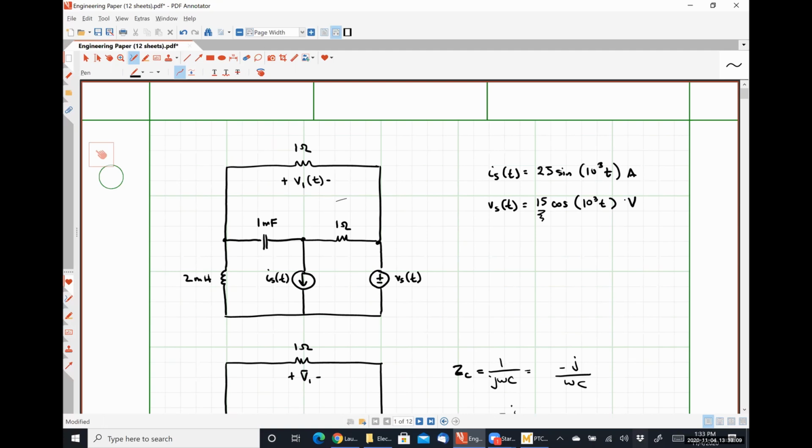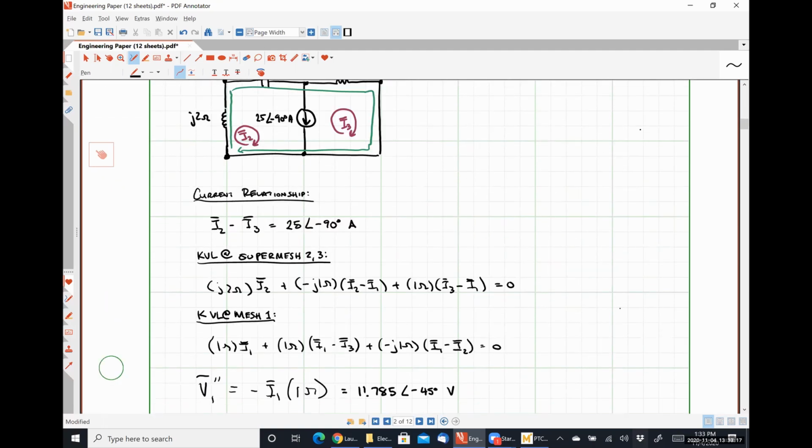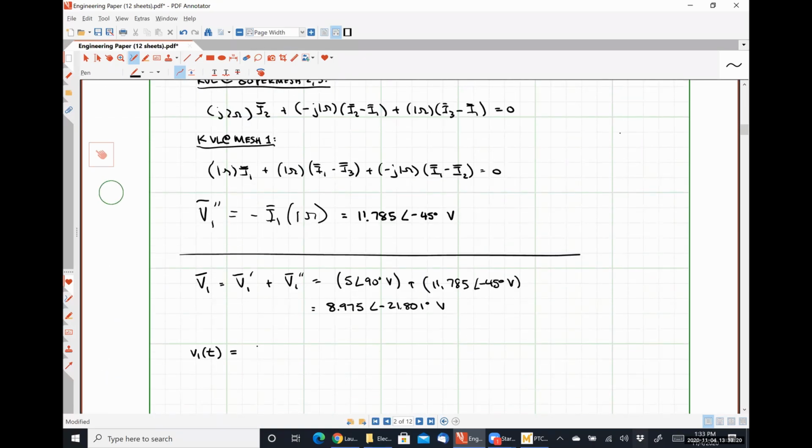To go back, we simply do the other thing. We take the magnitude of our complex number, put it into our time domain expression. So that would be 8.975 cosine omega, which was 10 to the 3 t, and now we put in our phase angle, negative 21.801 degrees volts. So converting from the frequency domain to the time domain and vice versa is a very, very straightforward process.